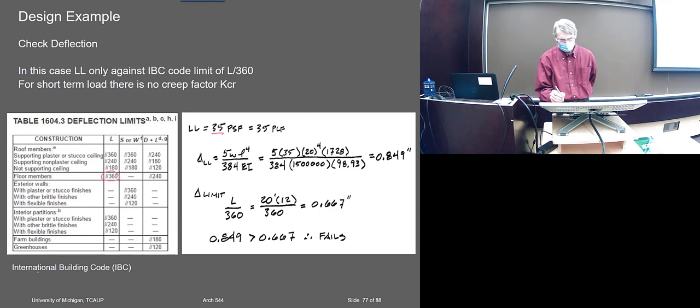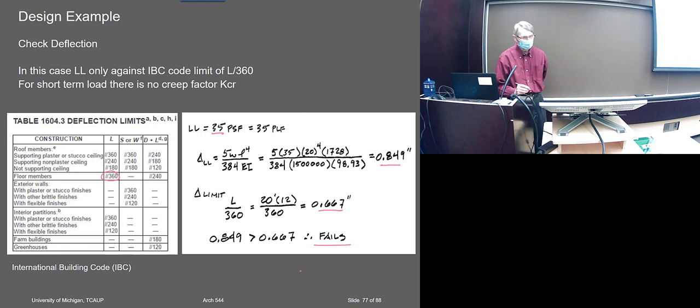The limit is 0.6, and it looks like we end up with 0.84. Shoot. Okay, so the 2x10 doesn't pass after all. I guess we still have to go to a 2x12 in the end.